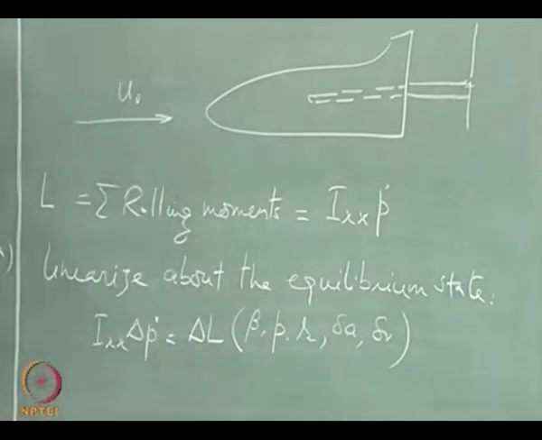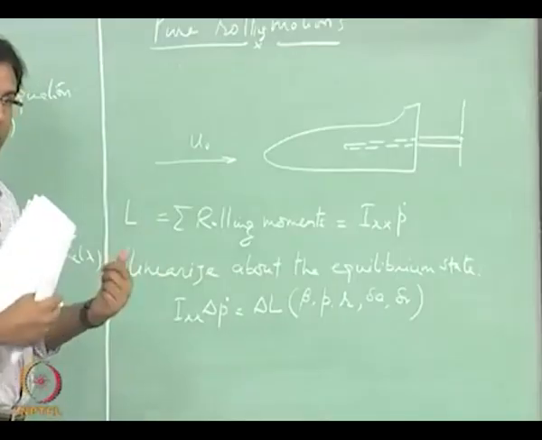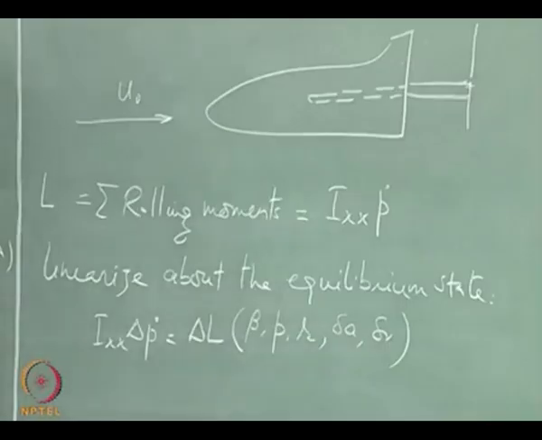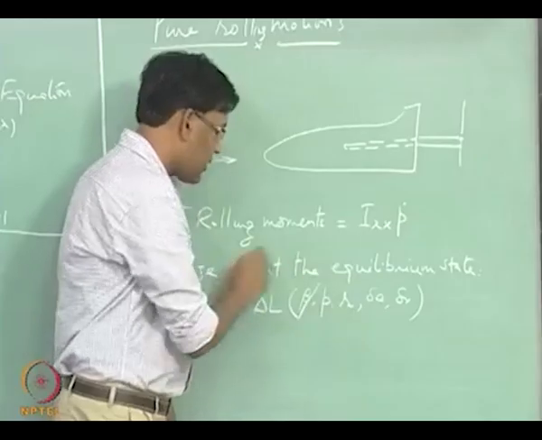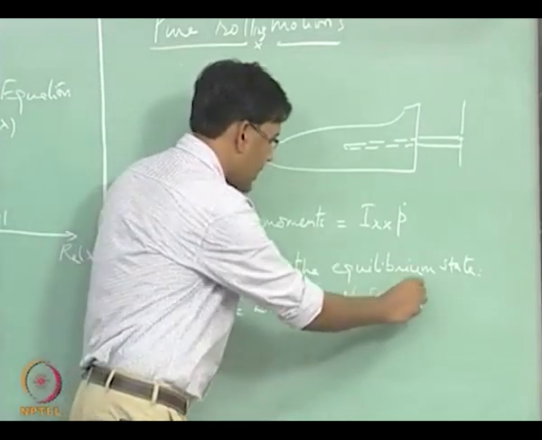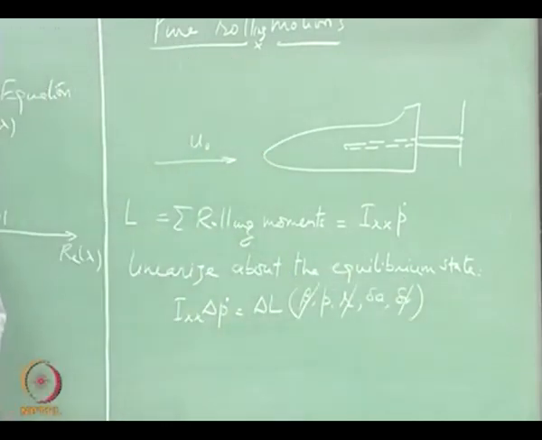So since I am not providing any degree of freedom to this aircraft in the yaw direction, I can drop beta and r from here and also delta r, right.